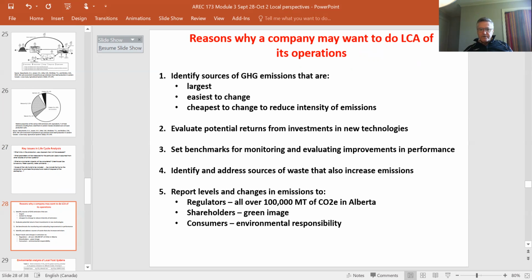We might have shareholders, so they might want to maintain the commitment of the shareholders to their company and have a green image if shareholders are looking for that. They might want to be more responsible to their consumers, to be able to project, both in practice and in image, a green and environmentally responsible image to their shareholders. Okay.